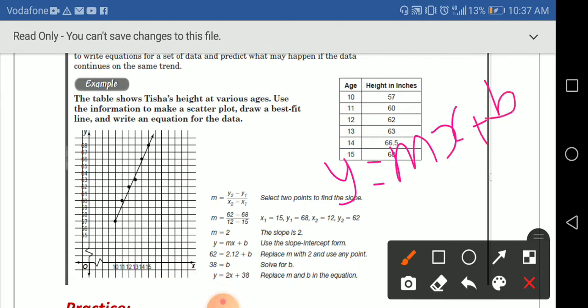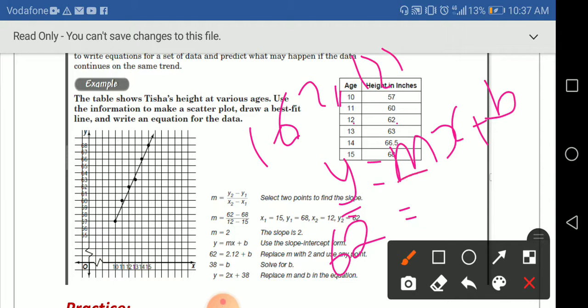Here y is 62. You choose the ordered pair, which is 62 with 12. So 62 equals m, which is 2, times x, which is 12, plus b.